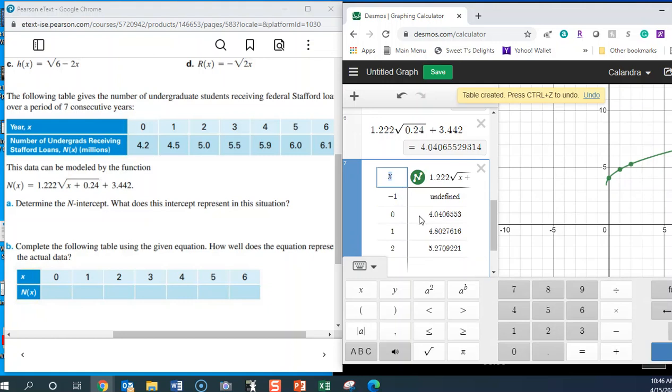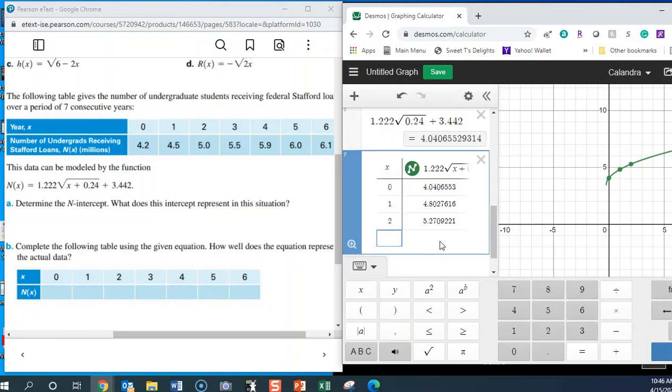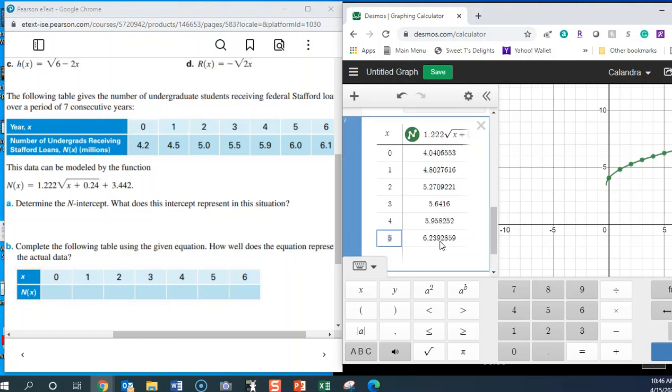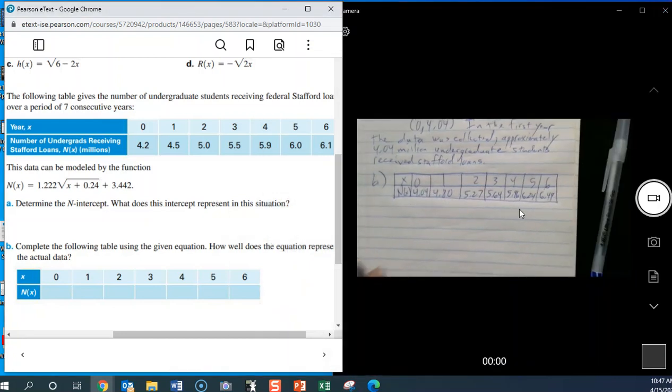Now, they did have some values for us already. But we're interested in just going up to 6 for x. Okay, so these are our values. So now we would substitute these values into our table. So I'm going to write these values out so then I could close off this calculator. All right. So these are our values.